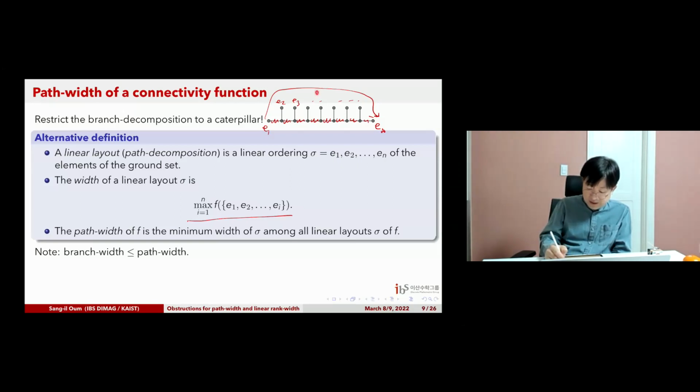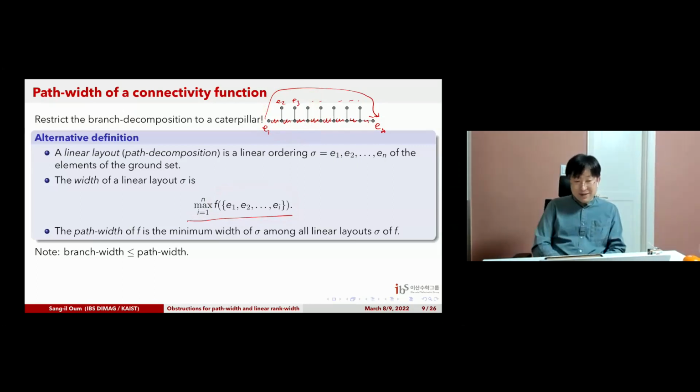I look at a particular cut, where this set is E1 up to Ei, so we compute f of E1 up to Ei and take the maximum. Let's define that as the width of a linear layout. And the path width is the minimum width over all possible linear layouts. Obviously the branch width is less than or equal to the path width, because branch width considers more trees, so there's more chance to have smaller values.